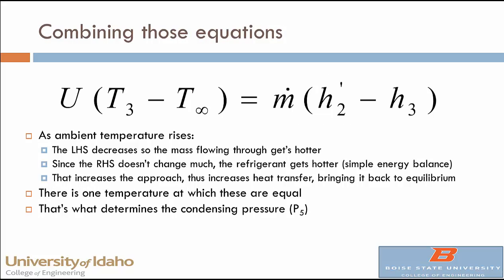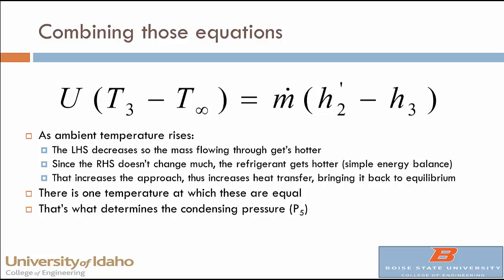So equating these two, we can get a little insight into how these various processes interact and how the temperature of the condenser ends up being established, right? So imagine the left-hand side, something happens, maybe the fan gets a little slower or the approach is a little smaller. So that heat transfer from the refrigerant to the outside air gets a little bit smaller.